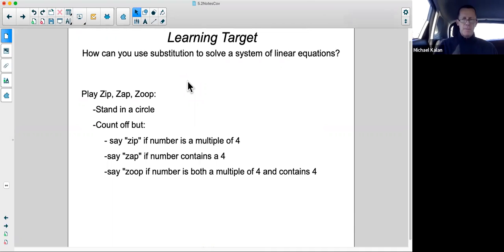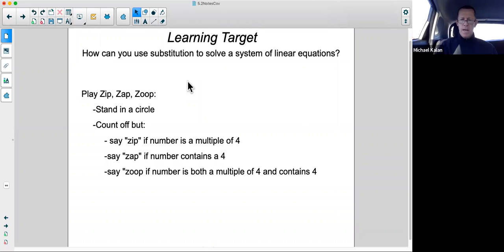So this game, Zip Zap Zoop, really fun game. We actually can play this on Zoom. So take a look at the rules for it. It's pretty cool. Basically, if a number is a multiple of 4, you say zip. If it's a number that contains 4, like 14, you say zap.